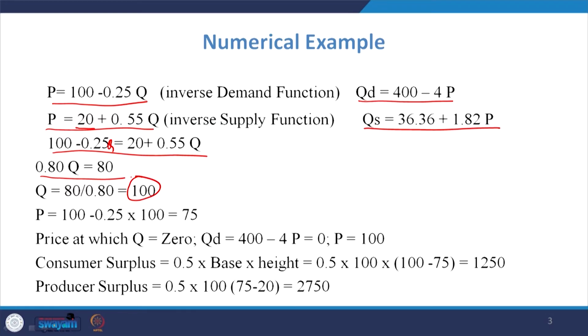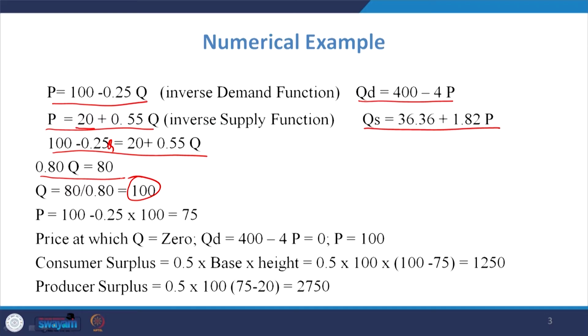So, 100 is the equilibrium level of quantity, and by putting the value of Q into the function you can also get the market price.